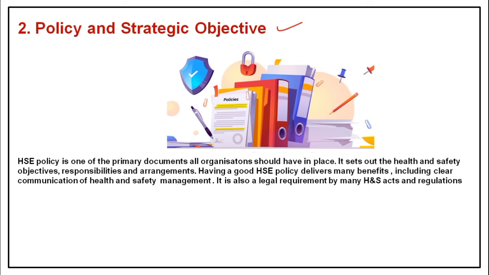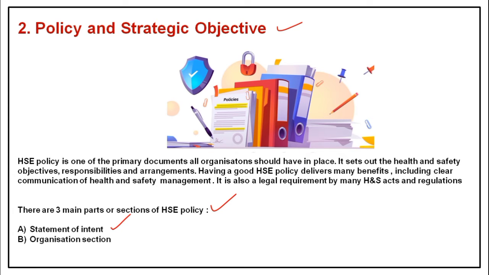It sets out the health and safety objectives, responsibilities and arrangements. Having a good HSE policy delivers many benefits, including clear communication of health and safety management. It is also a legal requirement by many health and safety acts and regulations. Friends, there are 3 main sections in HSE policy. First one is statement of intent, second one is organization section, and third one is arrangement section.